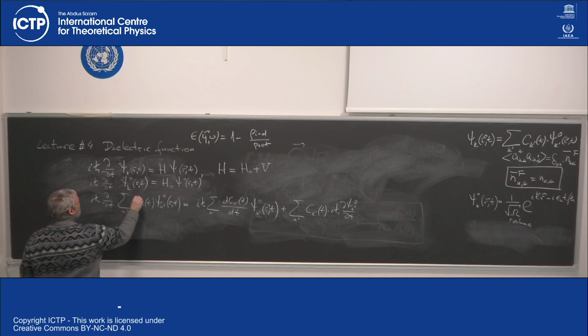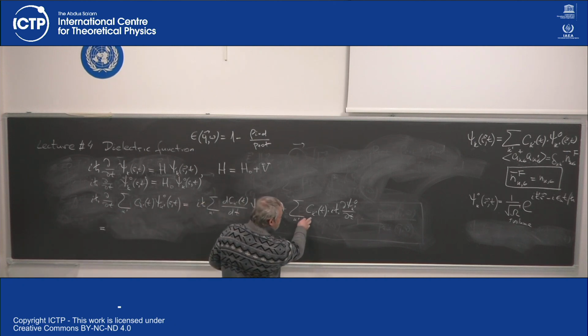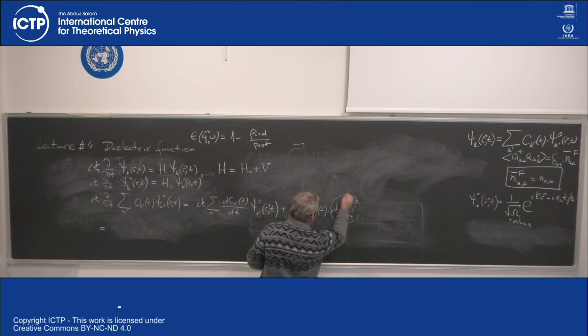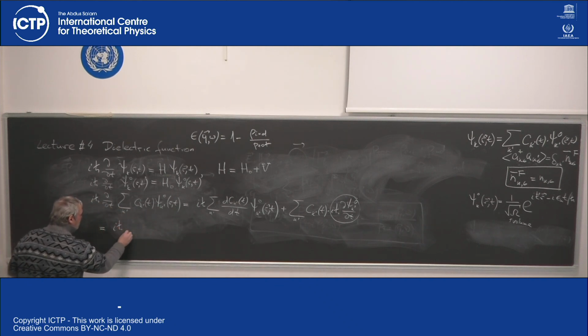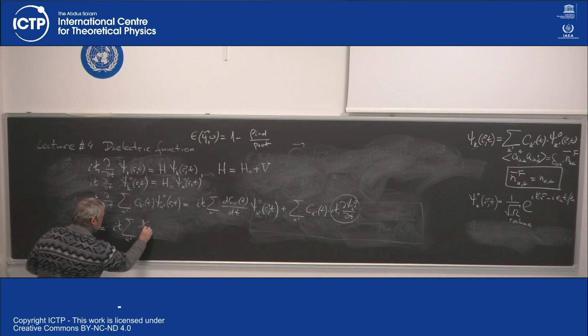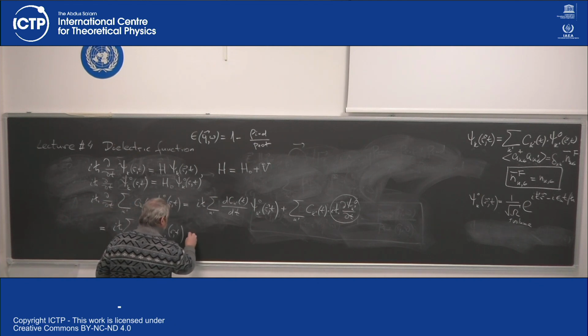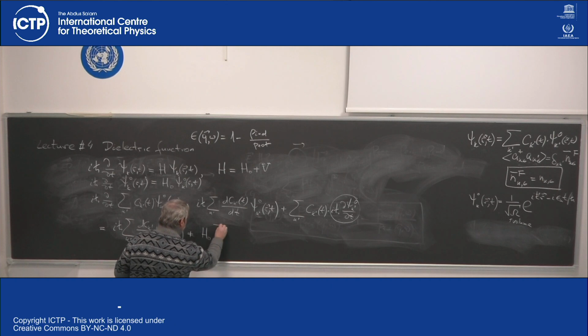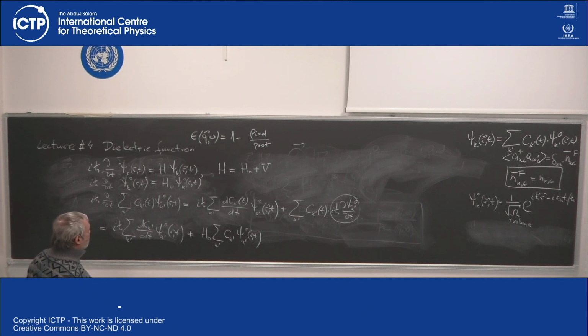Let me put k just for your convenience. The second term can be simplified using the second Schrödinger equation. Therefore, I continue here, keeping the first term intact: sum over k prime of dc_k'/dt psi_k'^0(r,t), and the second term plus, since the right-hand side gives me H_0 psi_0, I can write it as H_0 sum over k prime of c_k' psi_k'^0(r,t). This is all about the left-hand side of the equation.